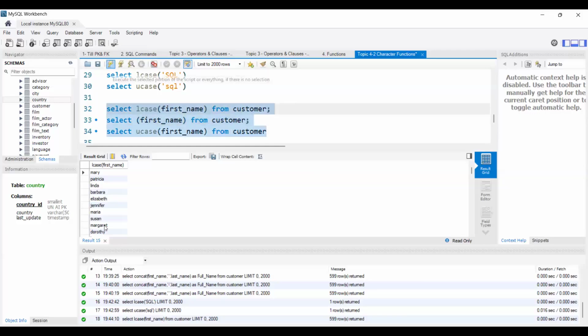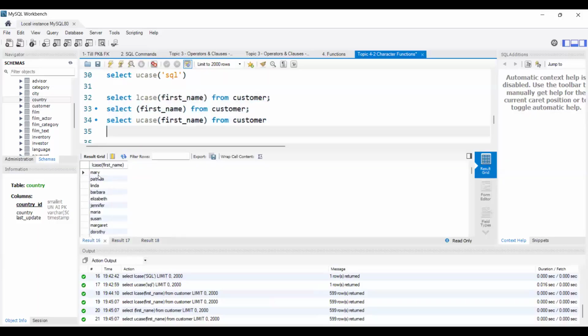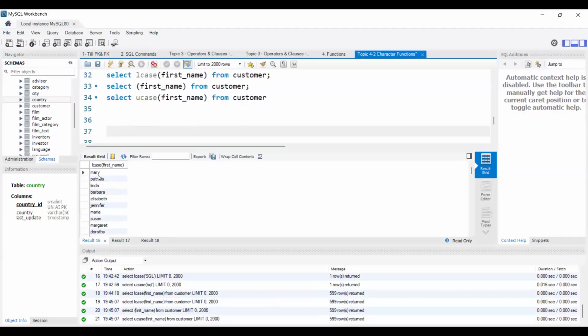So I'm executing all these three. Firstly, this is our lowercase of first name, all the letters in small letters. Normally we have first name in capital letters only. If I use the capital letters also, it gave me the same, right? I hope this is clear. Lowercase and uppercase, right?